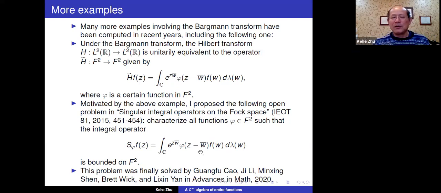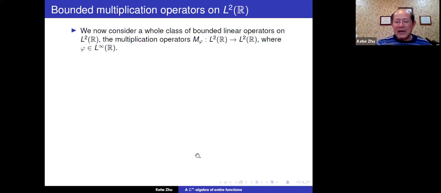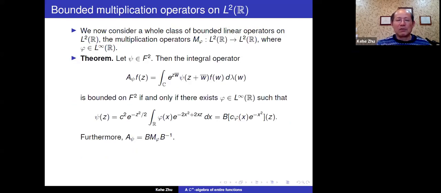The counterpart you get on L2 is not exactly the multiplication operators, but the Fourier multiplication operators. But once you realize that, it's actually easy to fix. So it turns out in this integral operator, if you change the minus into a plus, what you get will be exactly the original multiplication operators.